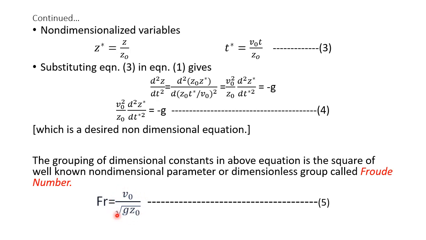This ratio we call the Froude number. At this point you just follow what I am saying. The whole concept will be understood when we go to the next level. As of now just remember that v0 by square root of g z0 we call the Froude number.